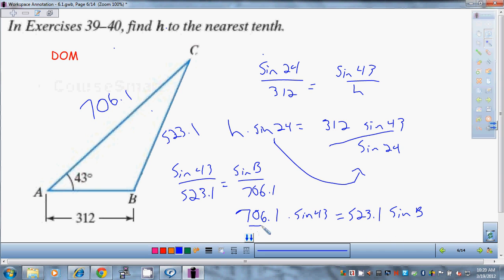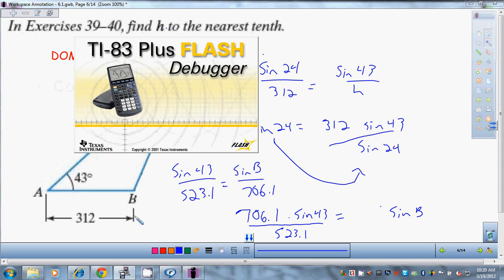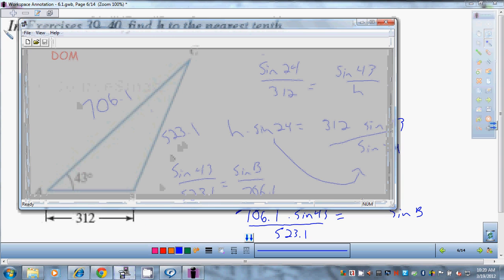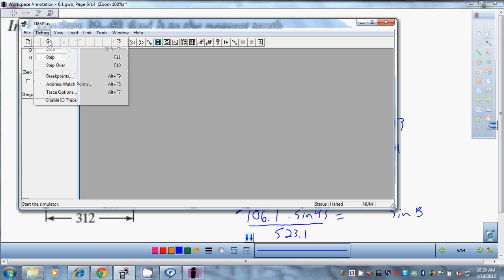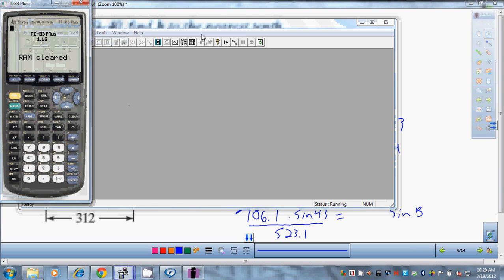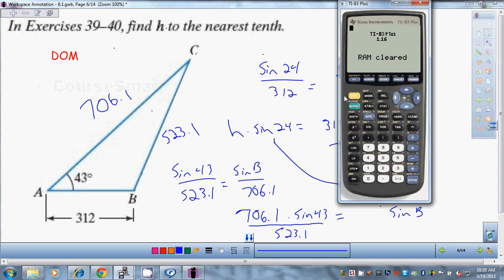When you divide this by 523.1, are you sure you're in degree mode? Let me just check that myself. So how do I find an angle? What do I have to use? I'm going to get a fraction equals sine of B. But I'm looking for B itself, not sine of B. So how do I get rid of the sine?